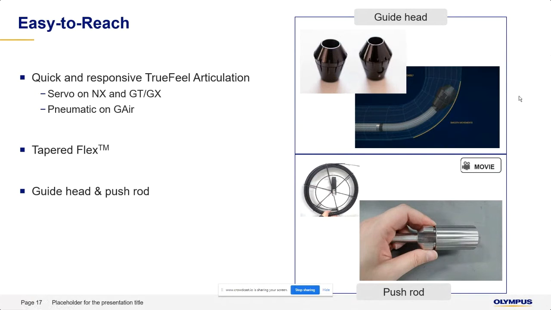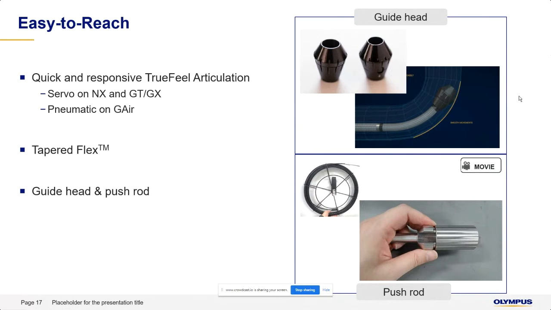One, it keeps the tip adapter off of whatever you're inspecting, the piping or whatever it may be, so that you're rubbing on the tip adapter less, which is always a good idea. And second is that it just simply helps slide the insertion tube around bends.